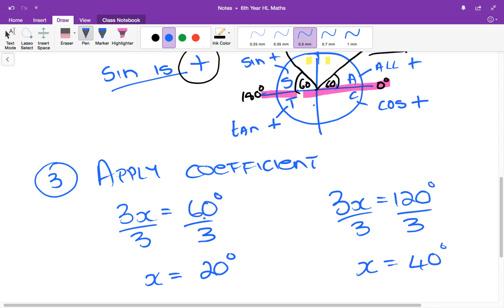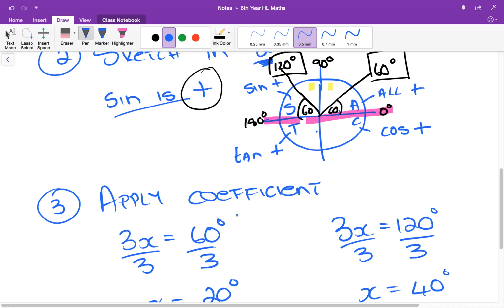But because you have this option of dividing by 3, you have to take into account more rotations around the circle. If we go up here to the 60, you can do 1 full rotation of the circle and you will end up back at the exact same point.